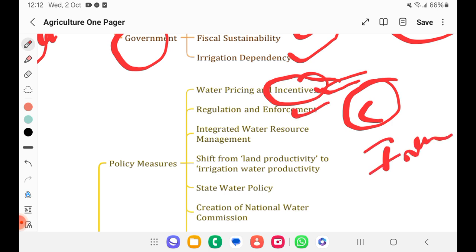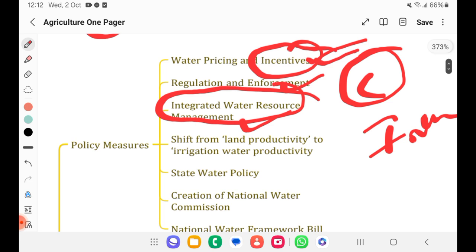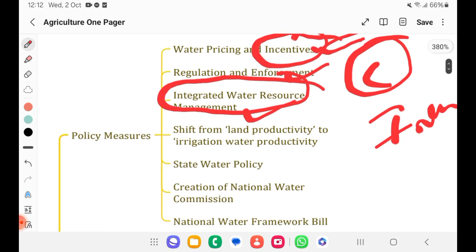When you talk about policy, you must mention it has to be regulated and enforced. Integrated water resource management, or holistic river basin management. Shift from land productivity to irrigation water productivity. It's not only land productivity but irrigation water productivity.